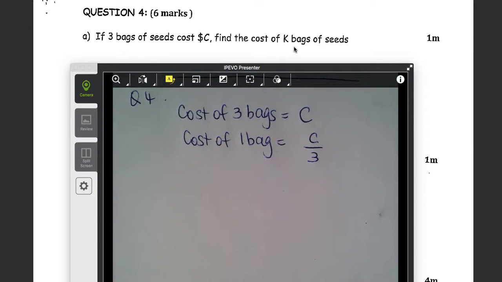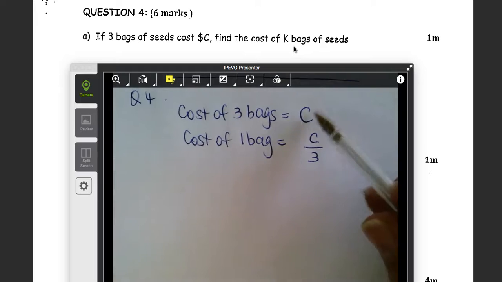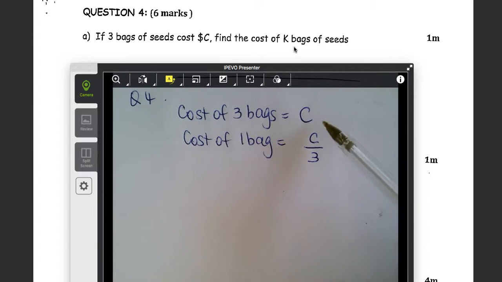Yes. So girls, this is why I'm saying make up imaginary numbers for the letters. And just think, if that imaginary C was a 15 or a 20, how would I work out the cost of 1 bag? I would divide by 3. You do the same operation, but you just put in a letter instead. So if the cost of 3 bags is C, the cost of 1 bag will be whatever C is divided by 3.